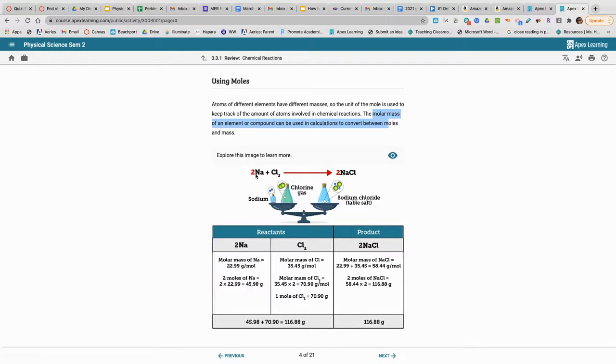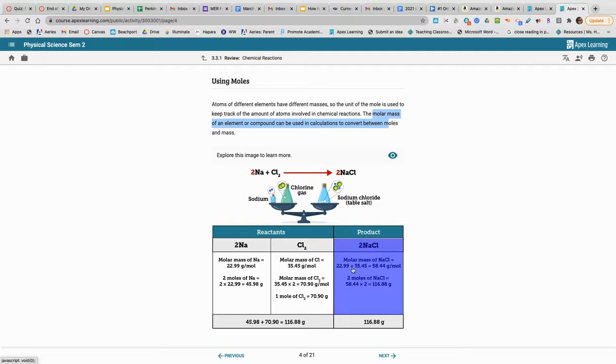We multiply that by 2 because in balancing the equation, we said there has to be 2 sodiums, so you get a total of 45.98. The chlorine has a mass of 35.45. We multiply that by 2 because there are 2 bonded together. We call this diatomic, and you get 70.9 for 1 mole of chlorine gas.